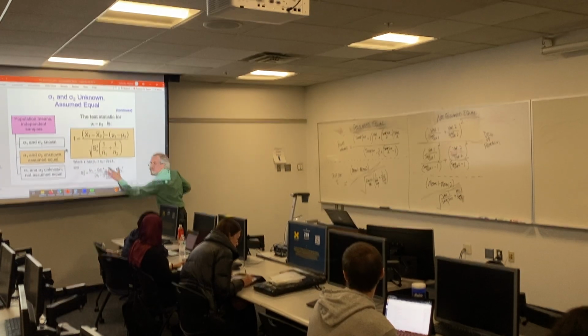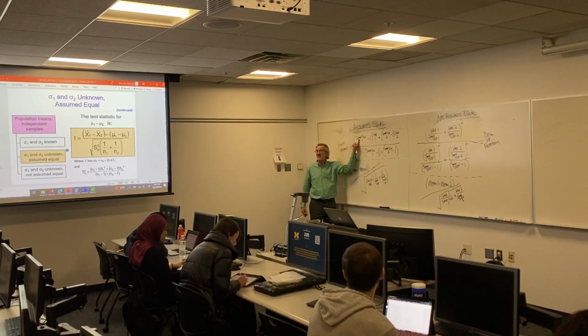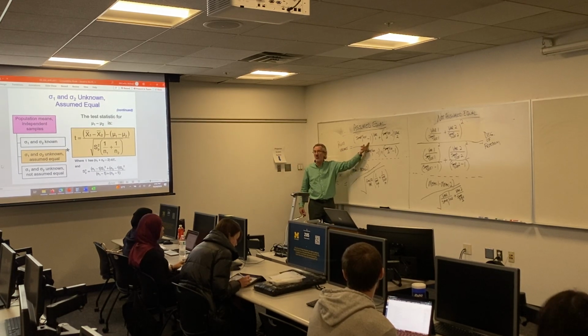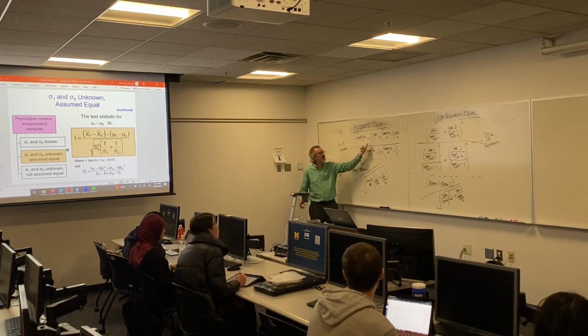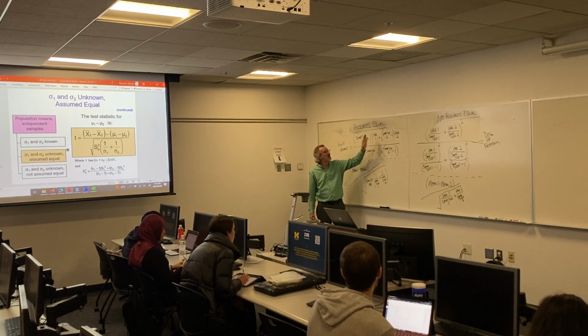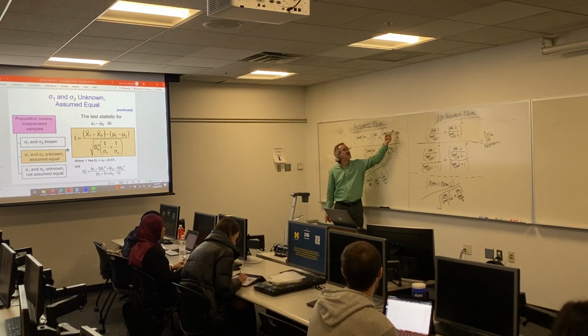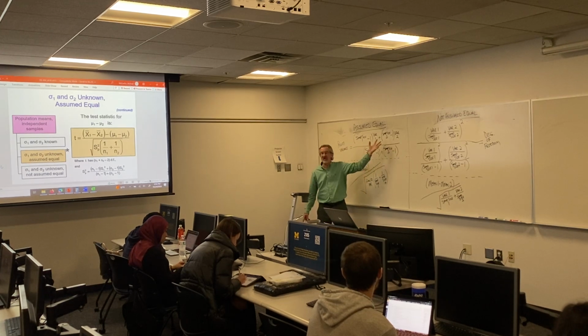This formula right here, I put in words. The words are the sample size from the first sample minus 1, times the variance from the first sample. You add that to the sample size from the second sample minus 1 times the variance from the second sample. That's your numerator.